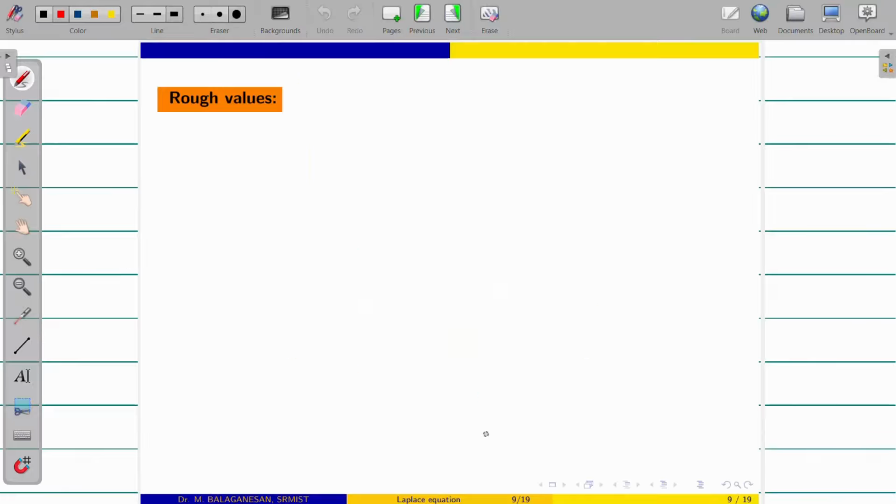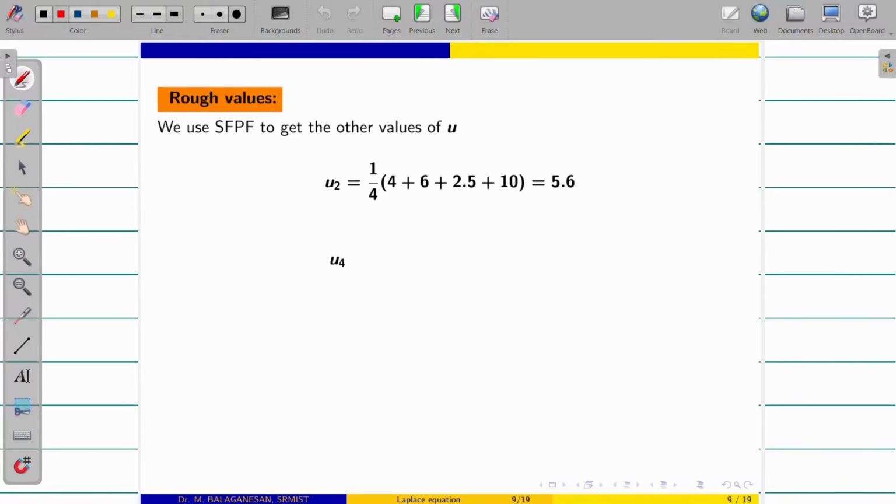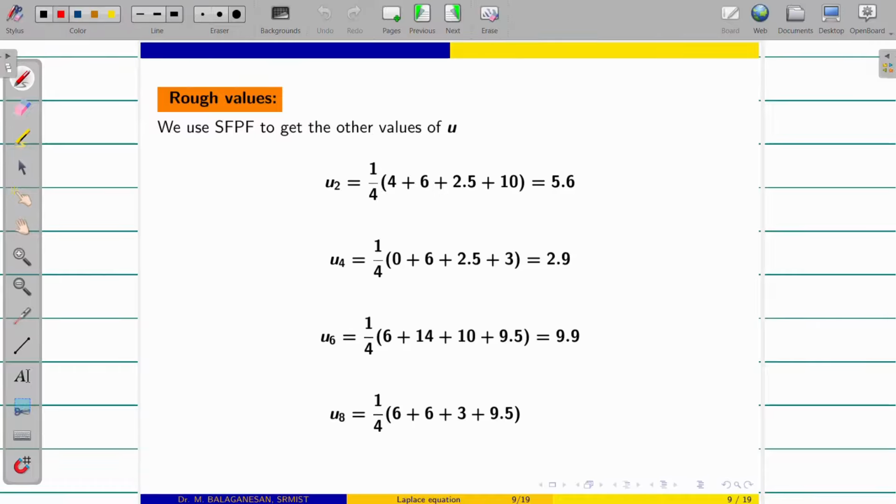So what will be U2 by the standard 5-point? Look at that: the average of U4, U6, U8 and the other values will give this. That's it. So U1 to U9 we found the rough values.